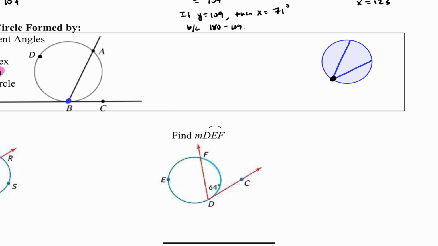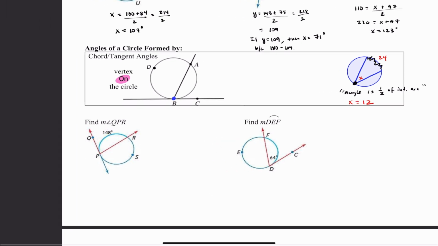So the angle is 1/2 of its intercepted arc. Let's say this angle is x, and the measure of this arc is 24. Then x must be 12.